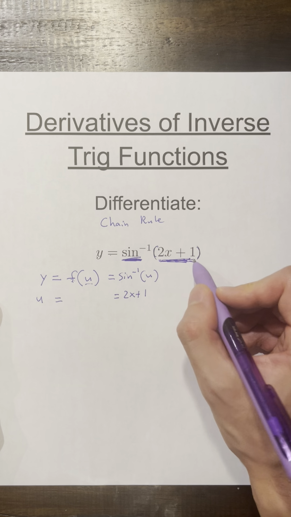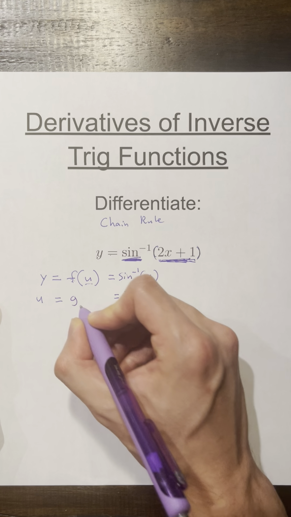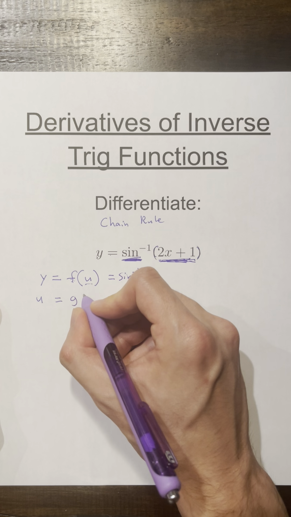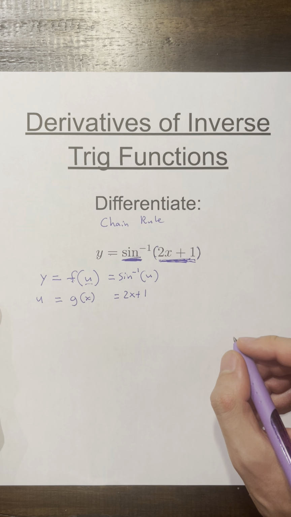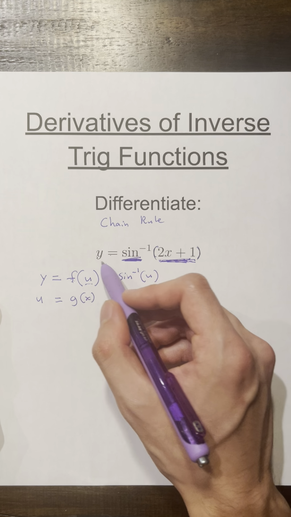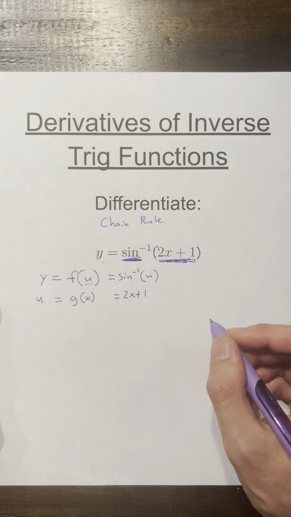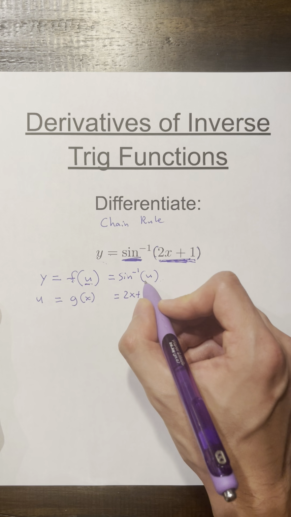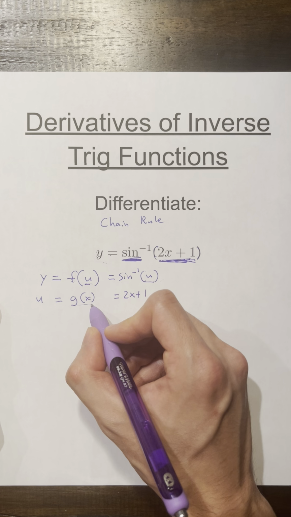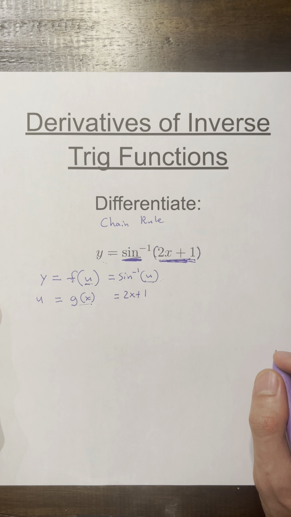We call the inside function g. Okay, so g of x is equal to 2x plus 1. Now, if I go to this equation and I were to change all the u's to g of x, what would I get?